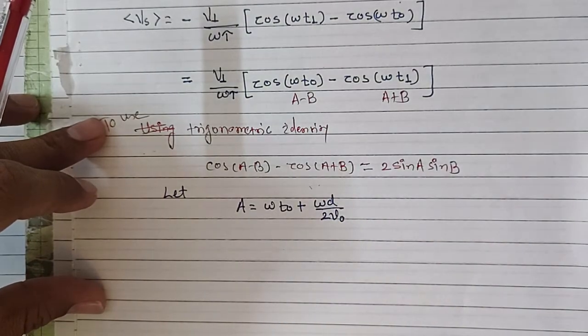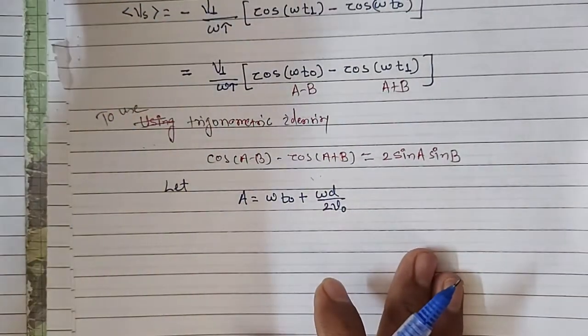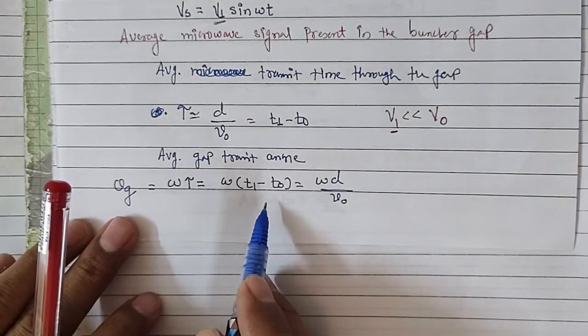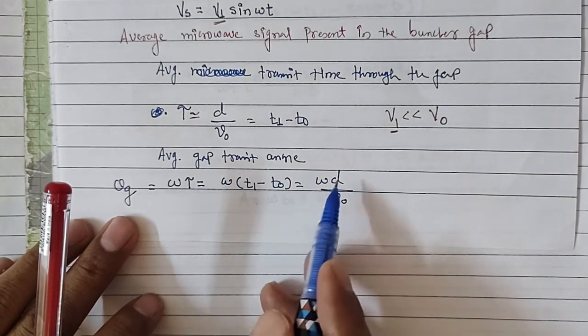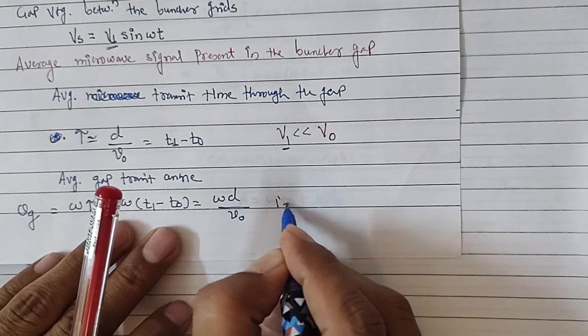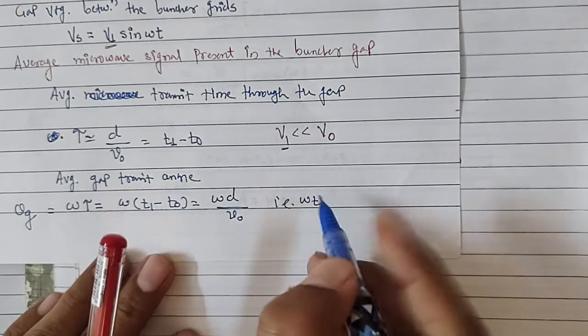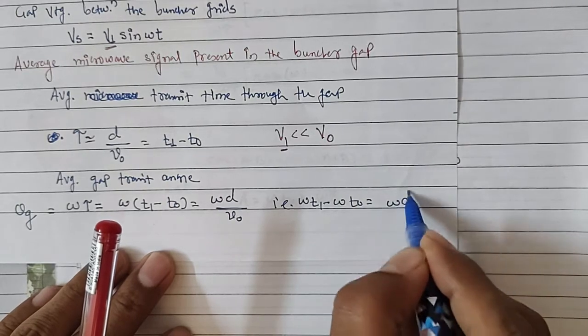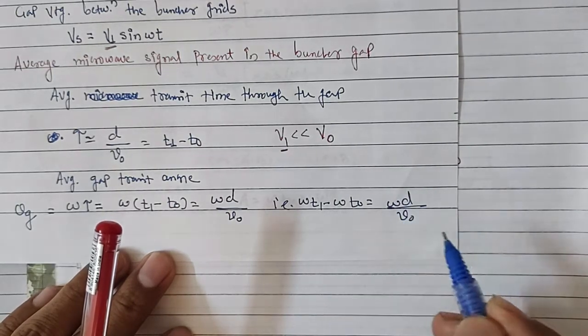But how do we do that? Let me tell you. What we have written is omega t1 minus t0 is equal to omega d by v0, that is, omega t1 minus omega t0 is equal to omega d by v0.